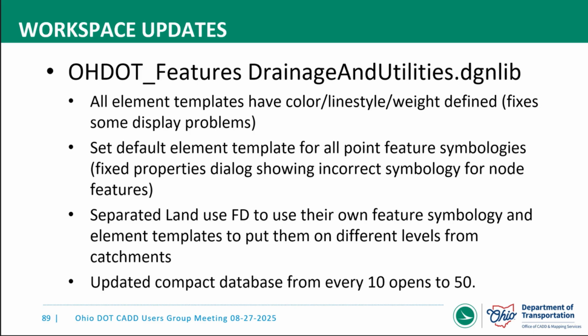Next, we separated land use feature definitions with its own symbology and templates. And we also changed the compact database prompt frequency from every 10 times you open the document to every 50.